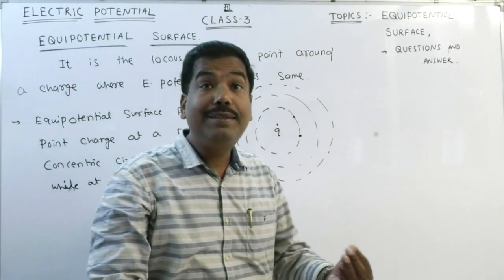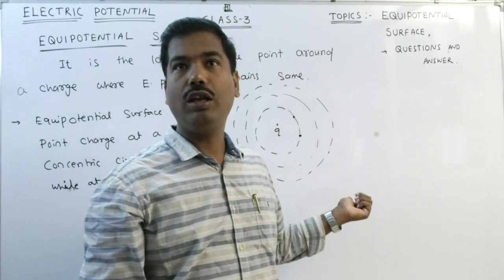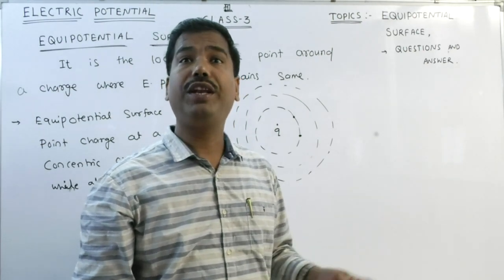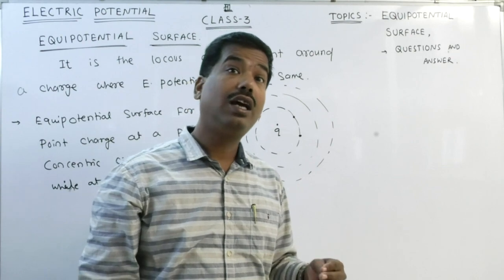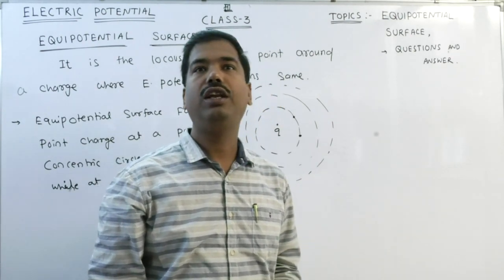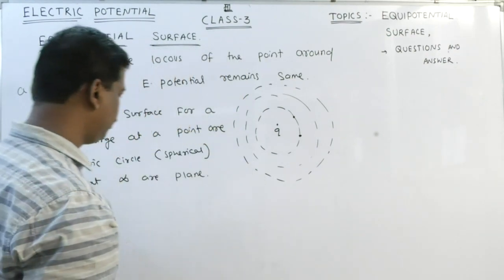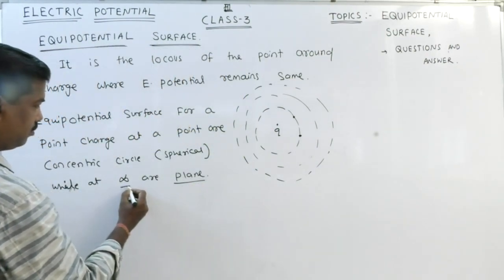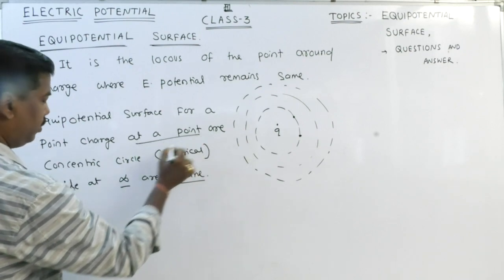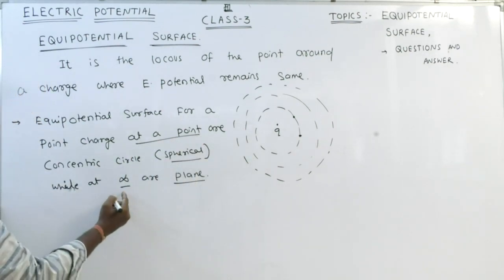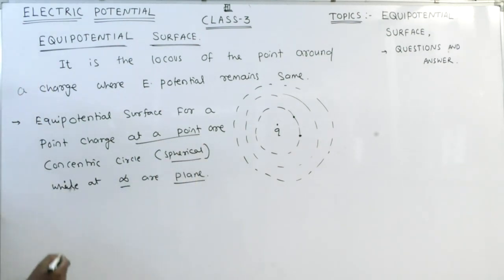If the source charge is placed nearby, then equipotential surfaces are spherical. While if the charge is placed at infinity, then the equipotential surfaces are plane. Clear? At a point, spherical. At infinity, plane.